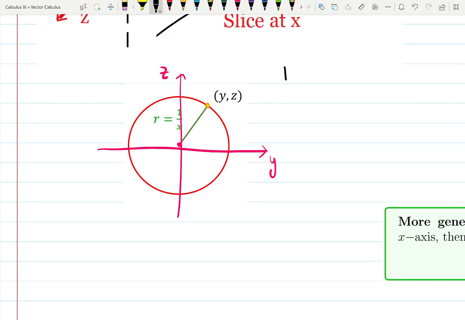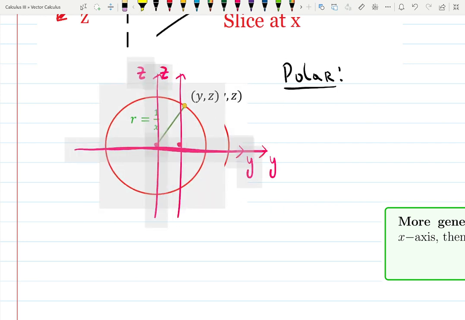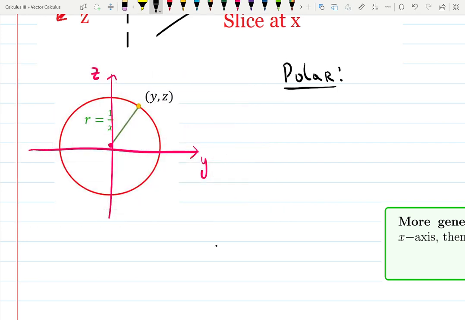Those are polar equations, right? We know how to describe polar. We know how to describe circles in 2D using r cosine and r sine. In this case, you just need to be careful. It's not x and y anymore. It is y and z.